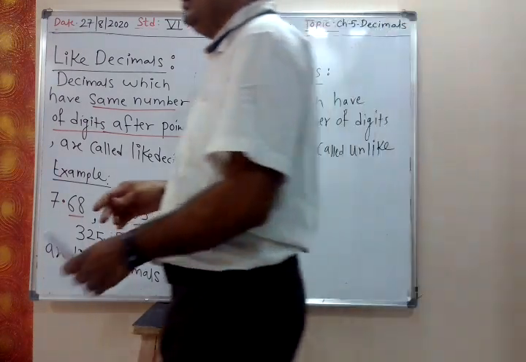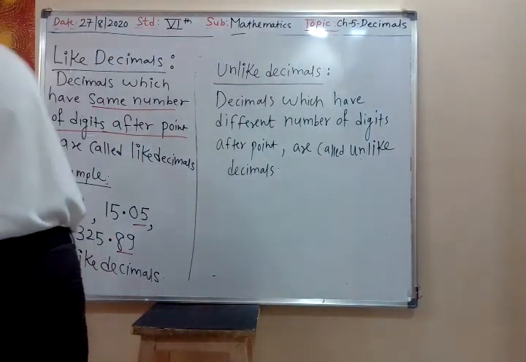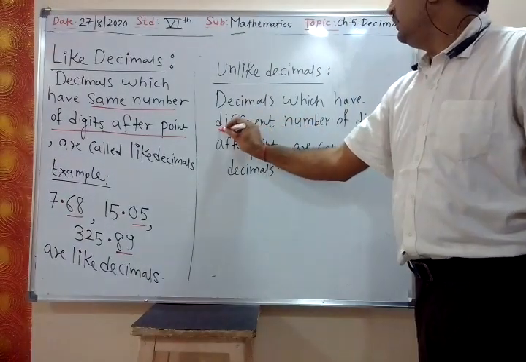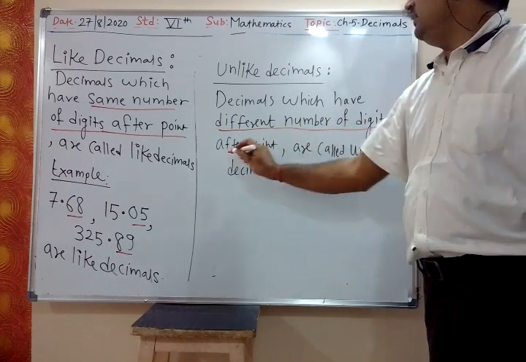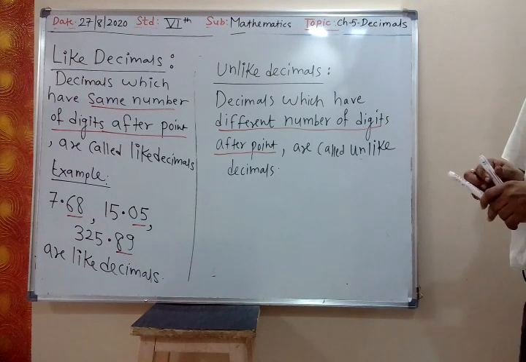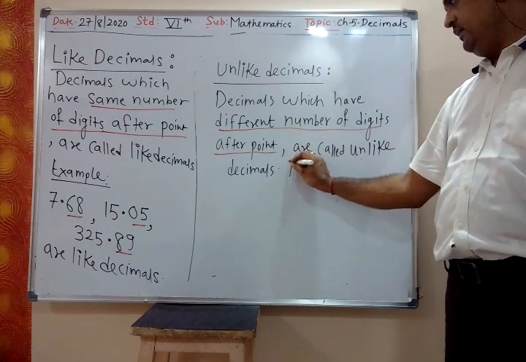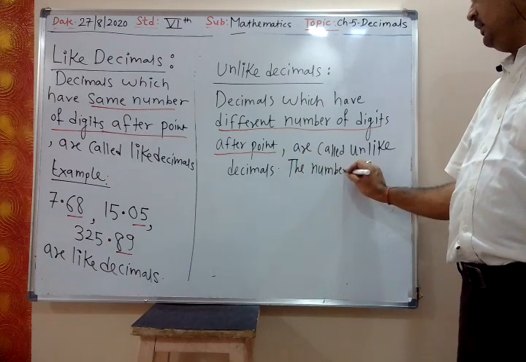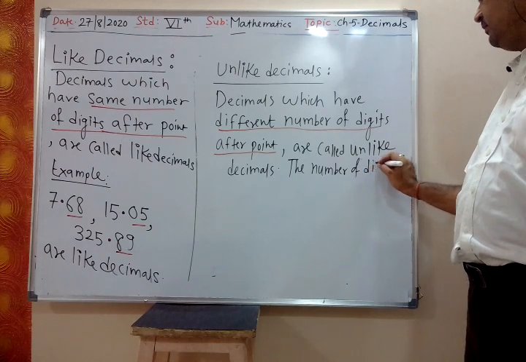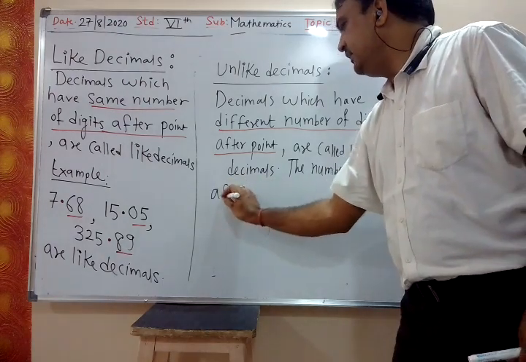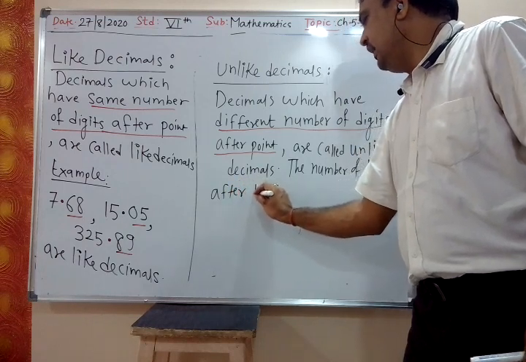So they have a different number of digits after the point.